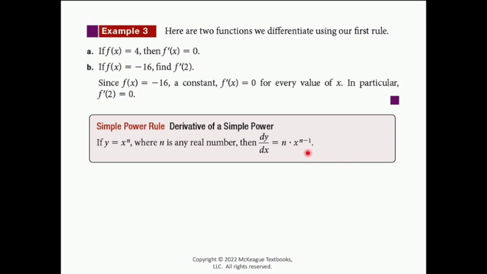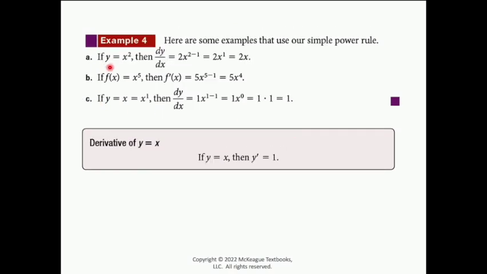So when you look at this, really what you're doing is you're taking the n and bringing it down, and that becomes your coefficient of x. And then your exponent is decreased by 1. So if we have x squared, then the derivative is going to be 2x to the first, because this exponent becomes the coefficient of x, and then you decrease the exponent by 1. So that's why we have 2x to the first.